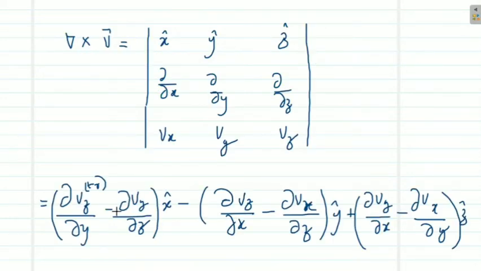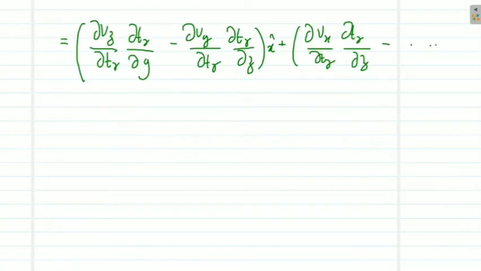So for each of the terms you need to rewrite it like dou vz by dou tR into dou tR by dou y and so on. Here I have taken the negative sign to the inside of the bracket. So the first term is plus dou vx by dou tR into dou tR by dou z and so on.